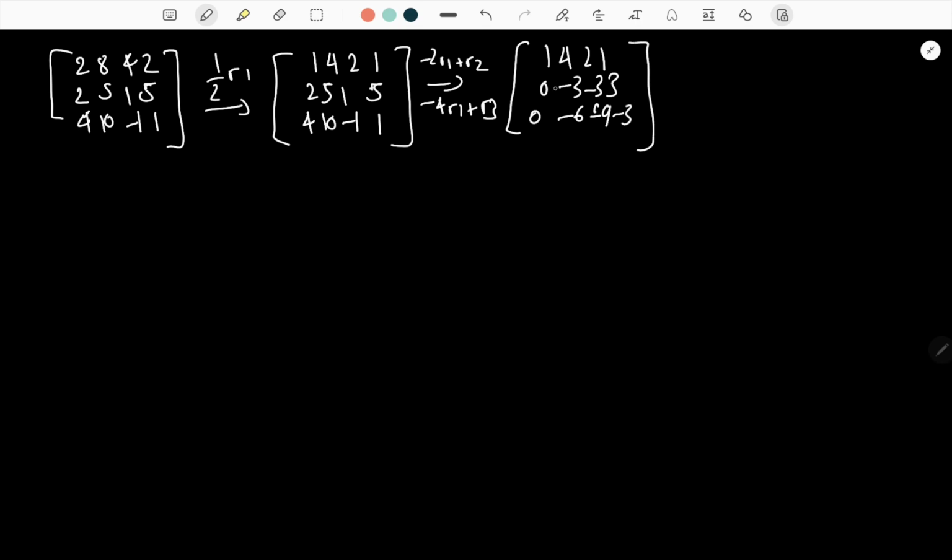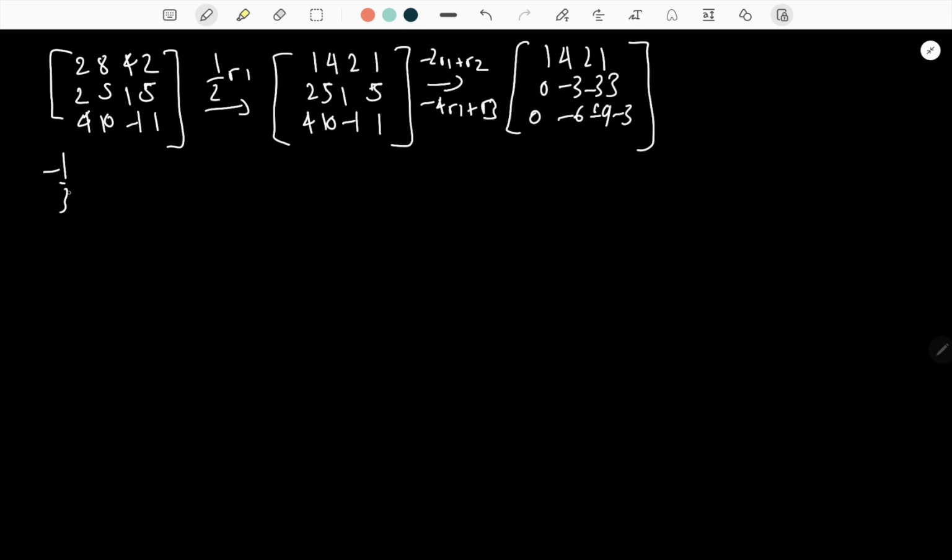So one thing again, the next pivot of the second row is minus 3, and the pivot has to be 1, not minus 1. Be very careful of that mistake also. So we can divide the second row by minus 3. So let's do that.